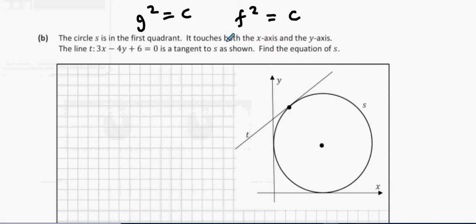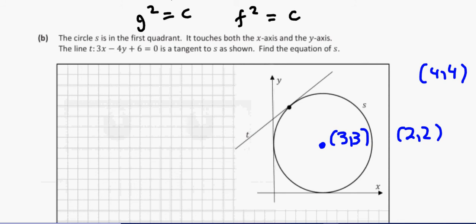So if you imagine this, because the circle is in the first quadrant, it has to be something like 3, 3, 2, 2, 4, 4. And let me explain why. Because the distance from here to here has to be the same from here to here. The radius is the same in any direction.